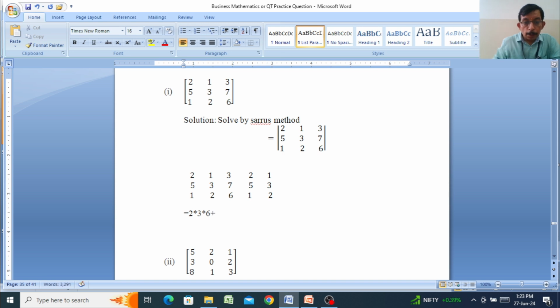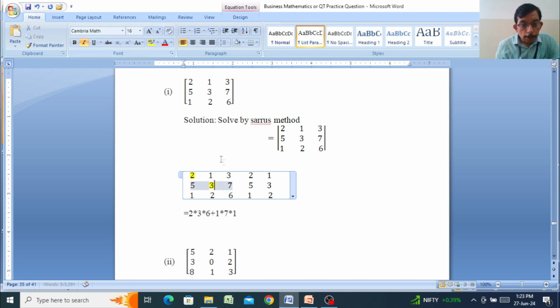Plus the second diagonal element 1, 7, 1, then 1, 7, 1.